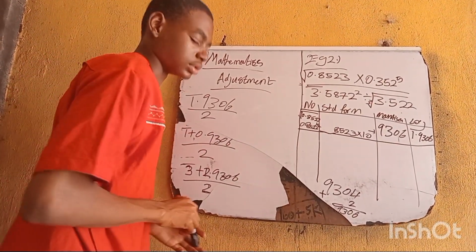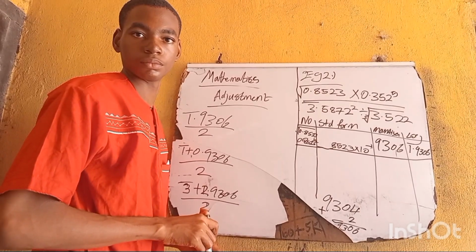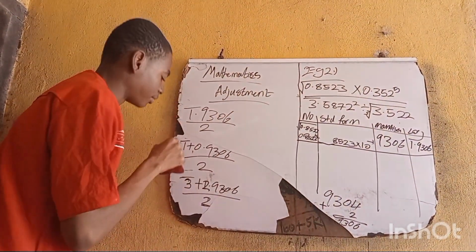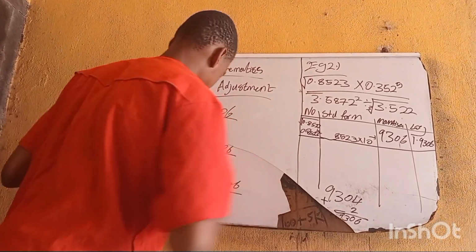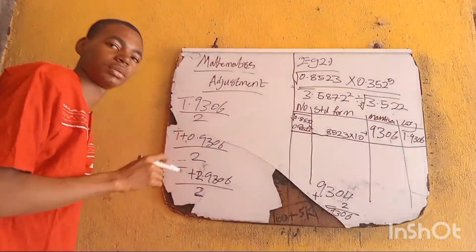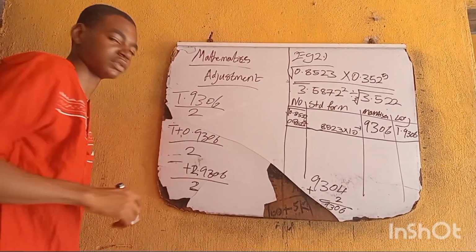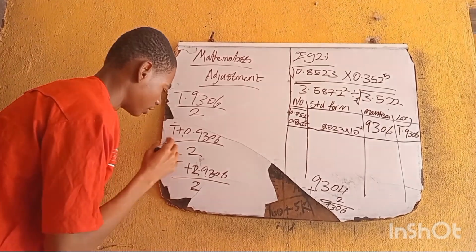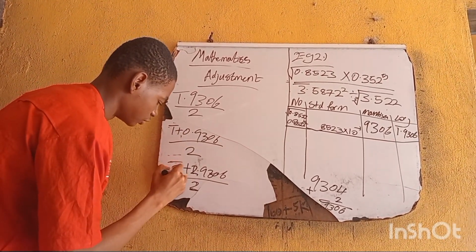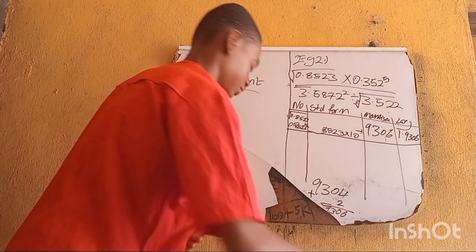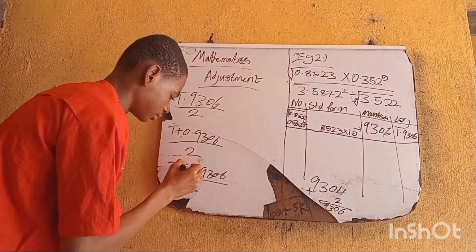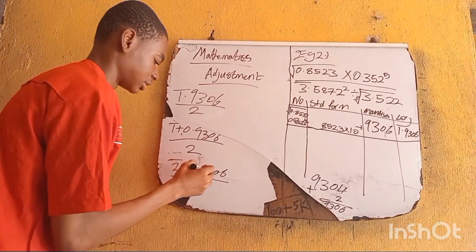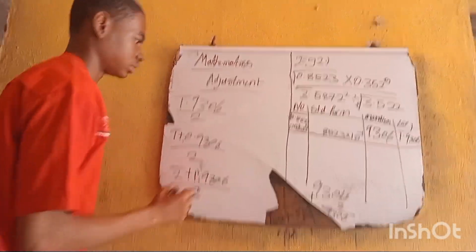Now bar 3 is not divisible by 2. So you add a number here which will make it divisible by 2. The number we'll add for this to be divisible by 2 is 1. It becomes bar 2 plus 1.9306, all divided by 2.